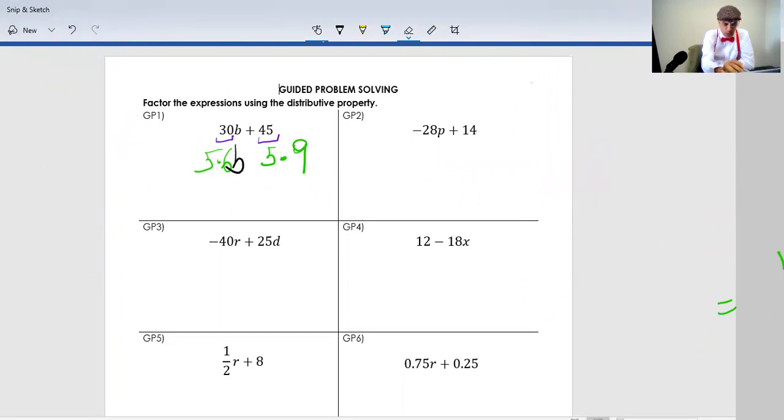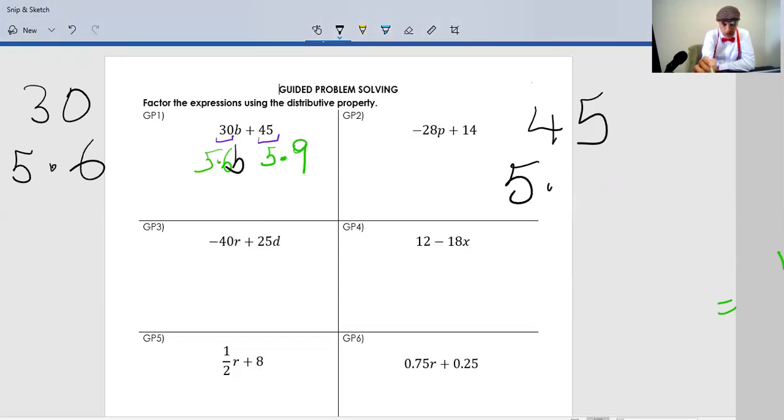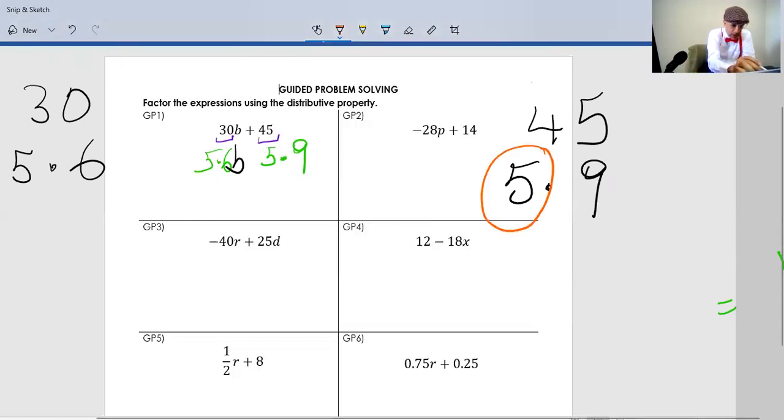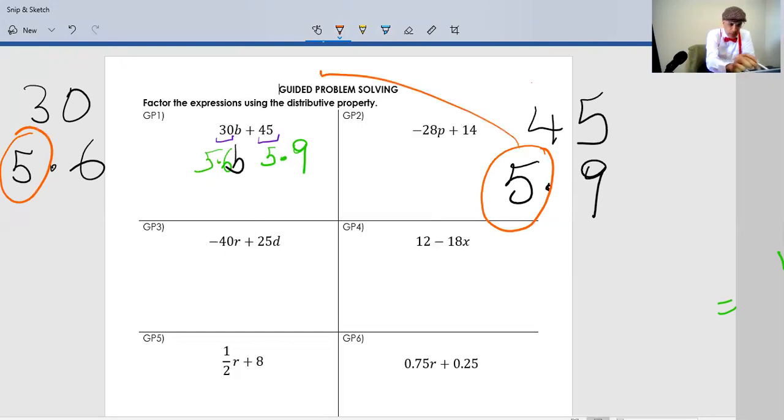So what did we do? We broke 30 into factors: 5 times 6. And the 45 we wrote as 5 times 9. We used 5 because that's the greatest common factor they have. So we can factor the 5 out from each one.